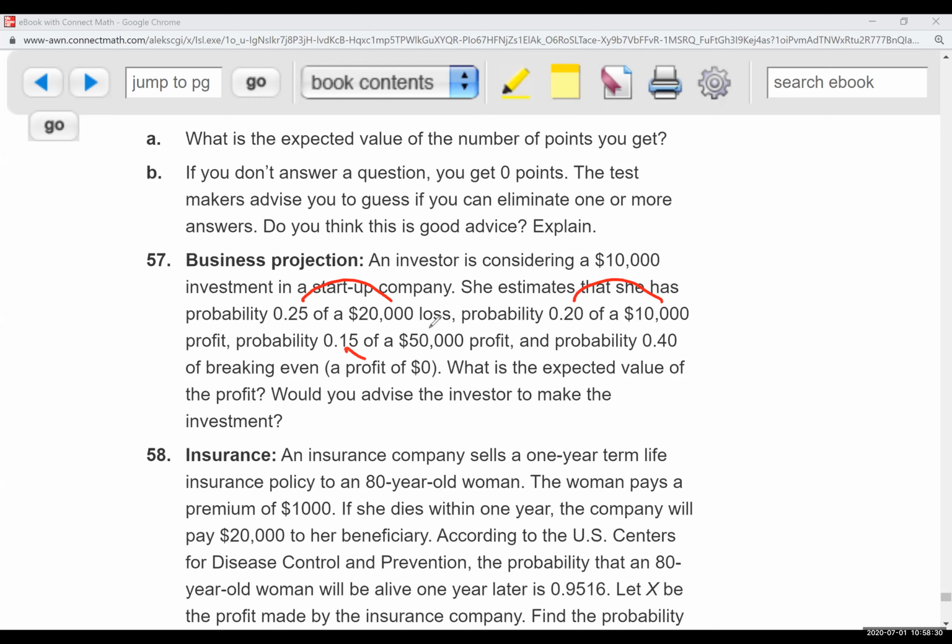Probability of 0.15 and 0.4, so 0. Or if you want, just like what we did earlier, to make it clear. So let's say 0.25, that's 20,000.